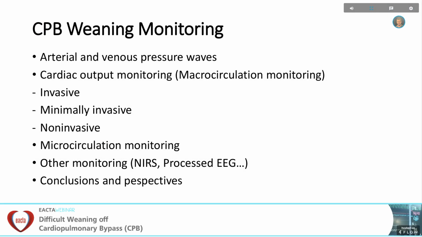In the next few minutes, I'm going to talk with you about arterial and venous pressure waves, cardiac output monitoring, starting from macro circulation, and pointing out some monitors like invasive, minimally invasive, and non-invasive monitors of cardiac output.